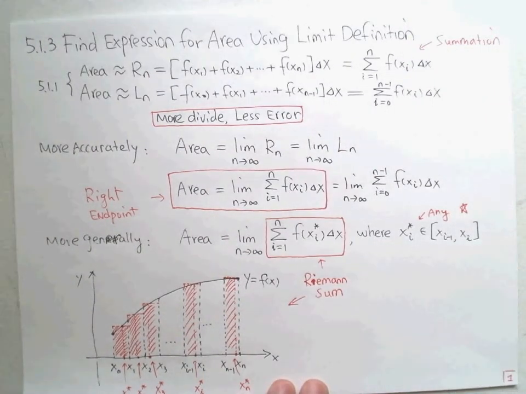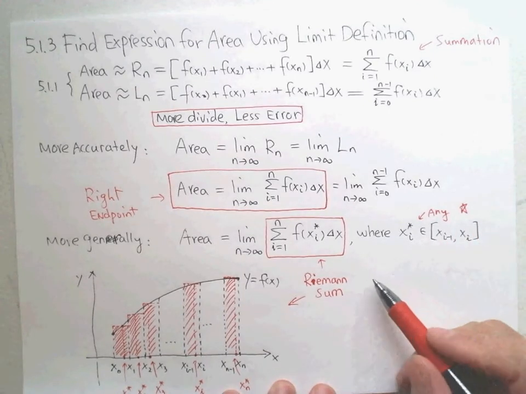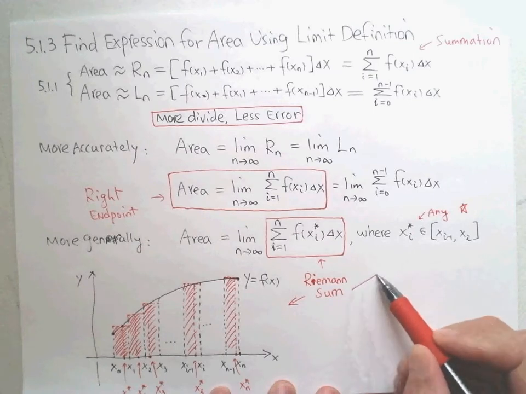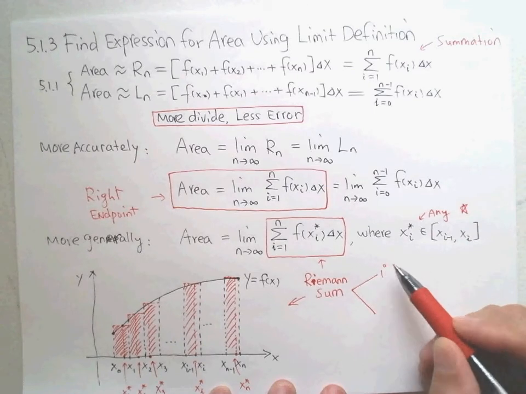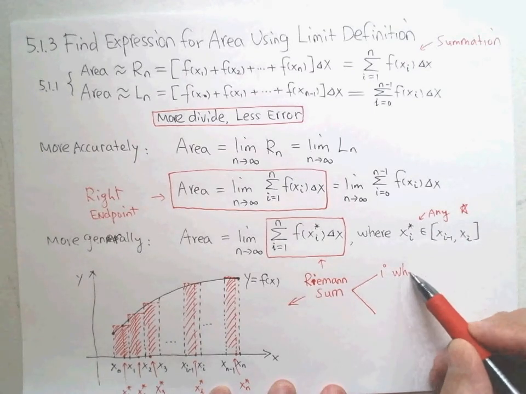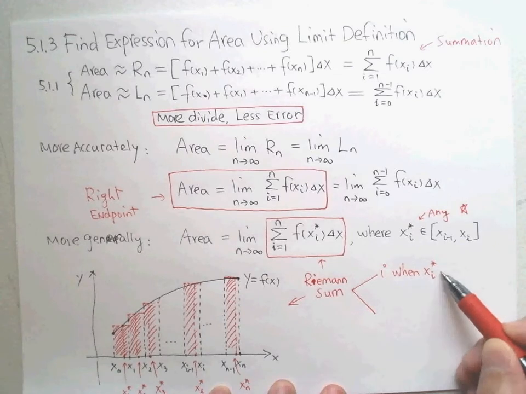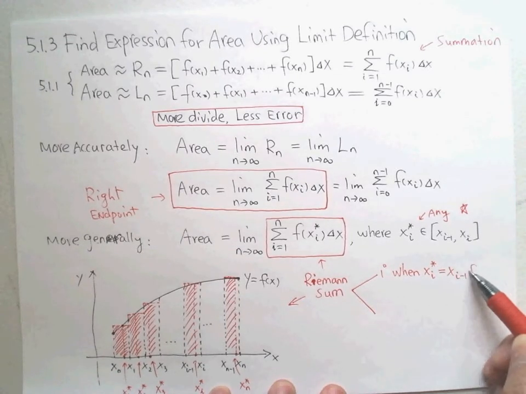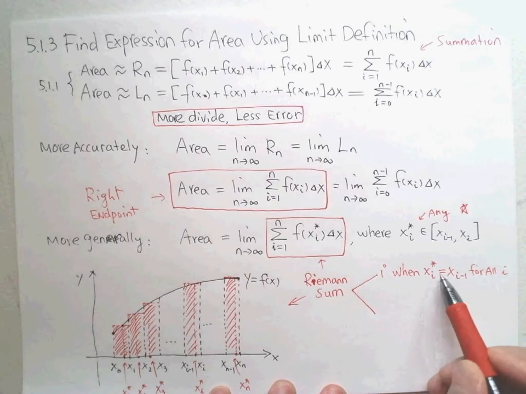I summarize a little for the Riemann sum. Okay, here, remember this. So we said we have two cases, right? If I put here two cases, the Riemann sum is this. Okay, the first, if we pick xi star equal to xi minus 1 for all i's.